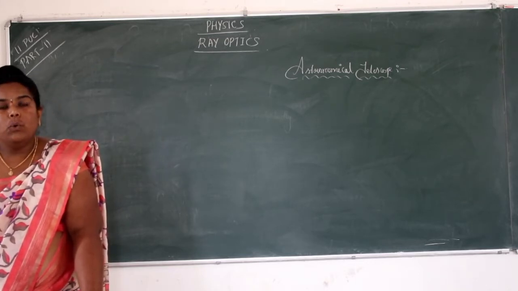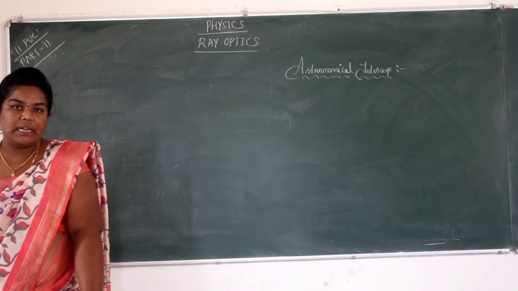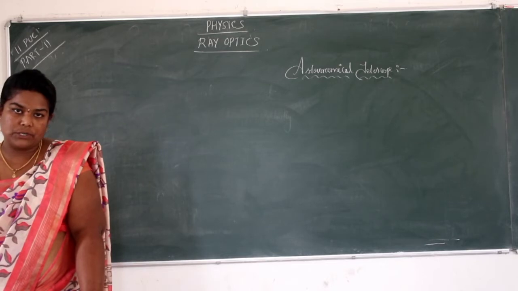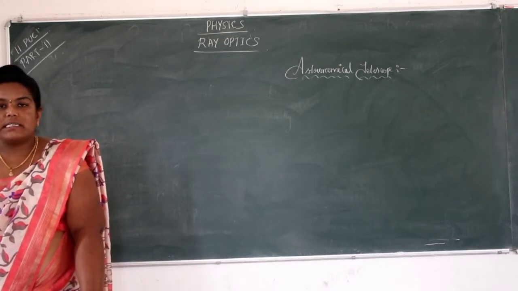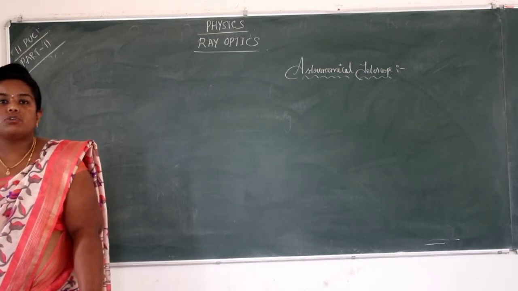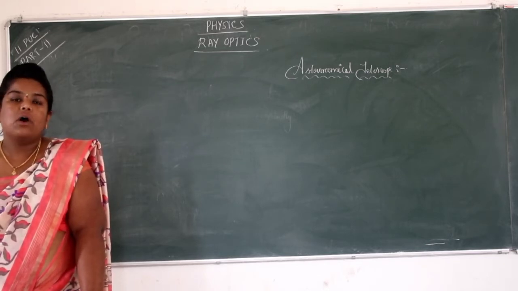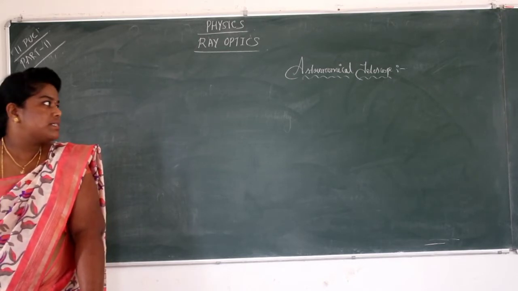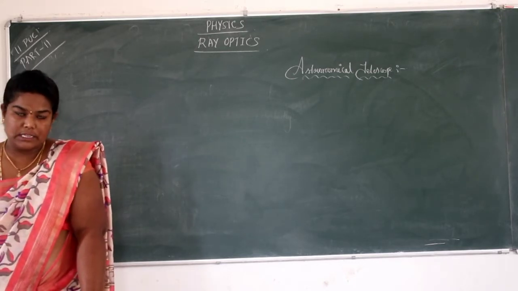Then, to allow that parallel beam of light to fall on a lens, we should have a lens with greater aperture. So for that reason, we use a lens with a greater aperture as the objective lens in the astronomical telescope.